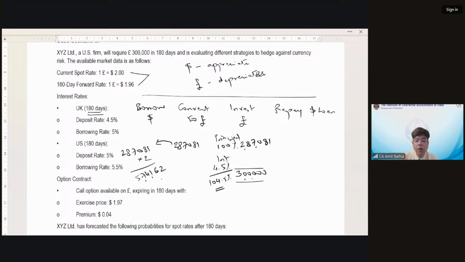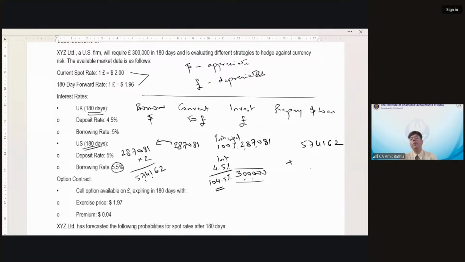Now, how much you will need to repay over here? This is what is being asked. So 574,162 plus interest. What is the borrowing rate for US? US borrowing rate is 5.5%.